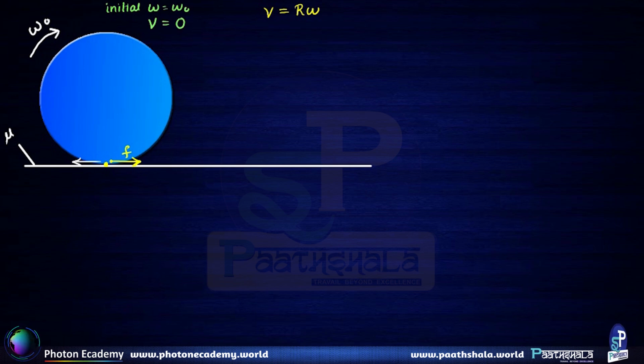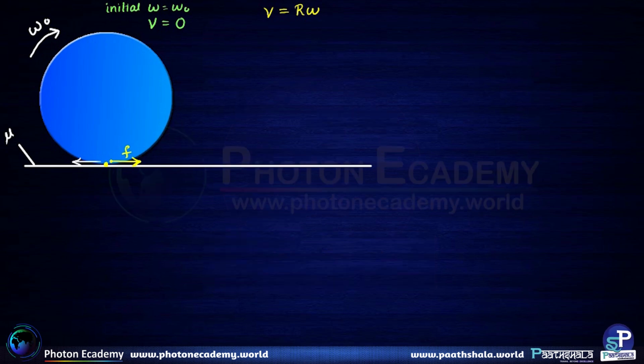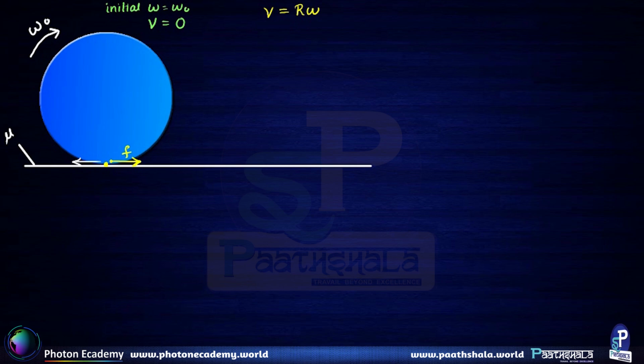So friction would try to elevate V to such a level that it becomes equal to R omega. At the same time, friction would try to reduce omega such that V will become equal to R omega. So friction is helping whoever is lacking in magnitude between V and R omega. That is what is happening.